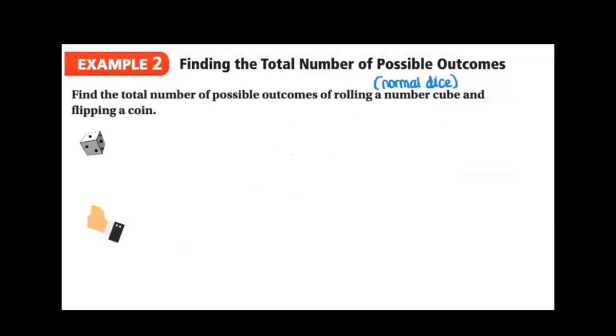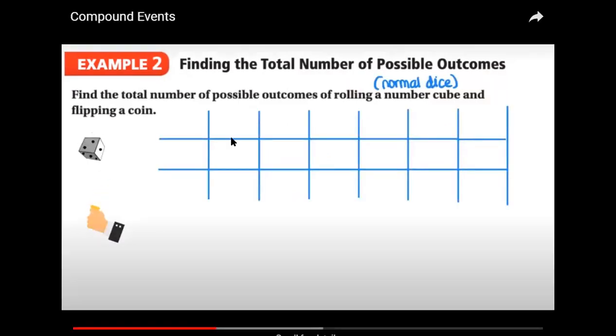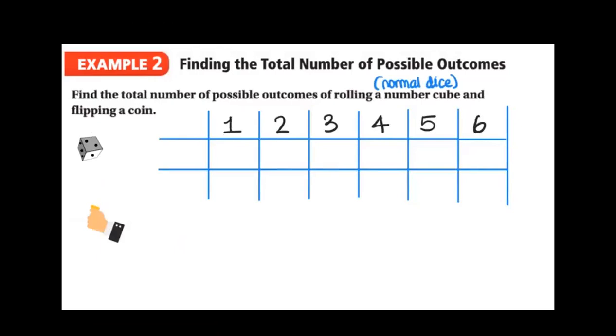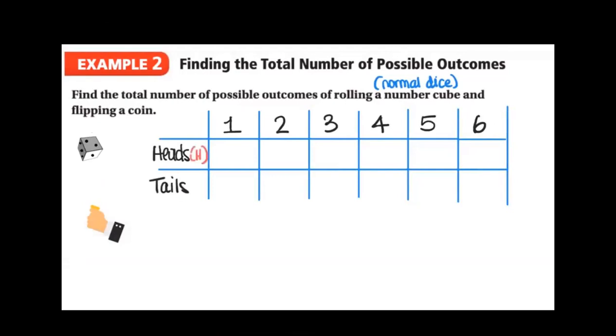So, on the top of the table, we can write the possible outcomes when we roll the dice. So we can have 1, 2, 3, 4, 5, and 6. And on the side, we can write the possible outcomes when we flip a coin. So, heads or tails. And we're going to use H to represent heads and T to represent tails.